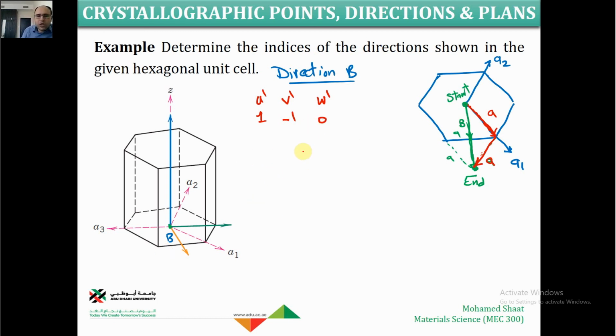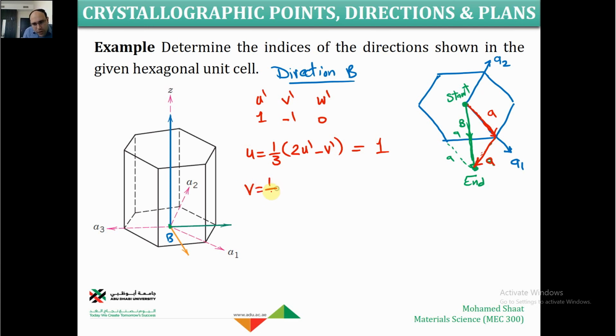Then what you're going to do, you're just going to do the calculation using U equals 1/3 times (2U prime minus V prime). This is going to give you 2 times 1 gives 2, negative negative gives positive. Remember the calculations. It is 2 times 1 gives 2, negative times negative V prime will be positive 1. So this gives 3, will be cancelled with the denominator, you're going to end up with 1.